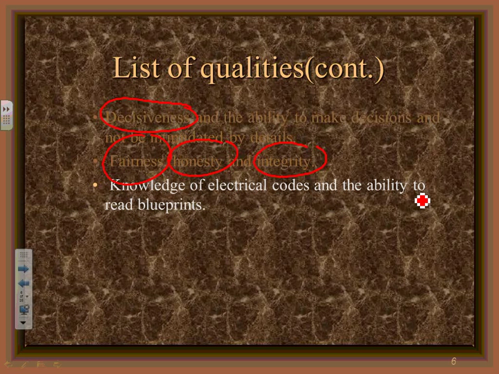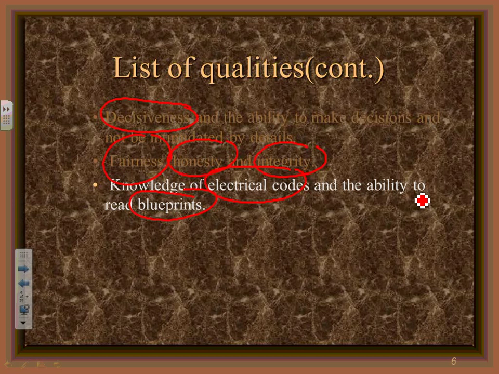Knowledge of the electrical code. You guys have been learning with your friend the NEC code, and the ability to read blueprints. You guys have made the blueprints, not only read the blueprints. When you're an estimator, most of the good estimators, guys, are ones who know how to design and also have a good understanding, if not know-how, to install the system.